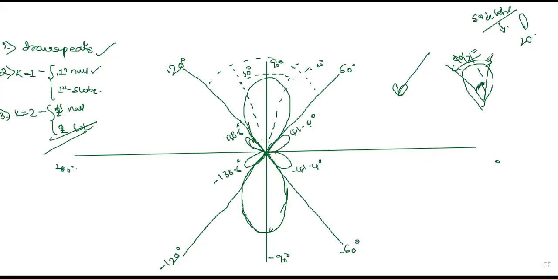From here to here on the major lobe, it will define your half power point direction. Whereas first null beam width is what? It is between your major lobe and the side lobes. This will give you the first null beam width. So that is giving you around 60 degree. So just find out and plot it in between the first null direction and first null beam width, and plot it on the half power beam width on the major lobe. Okay, ma'am.